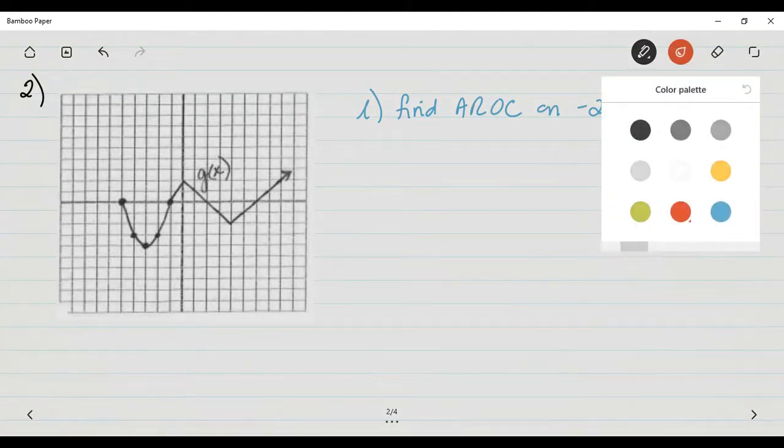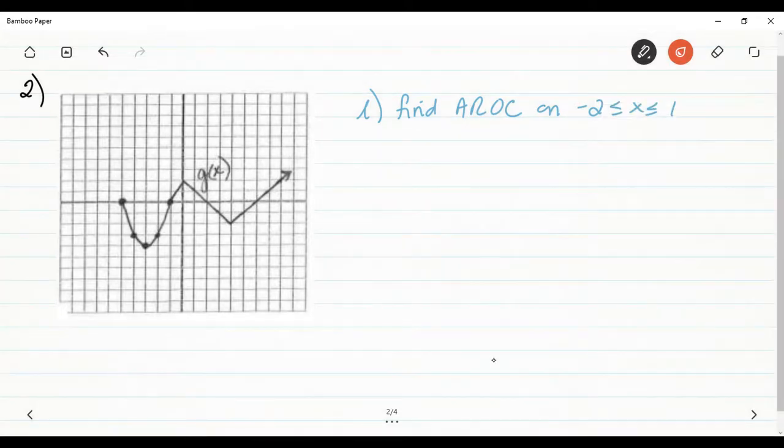So for our average rate of change, we are looking for a slope, but we need our 2 particular points. The first thing we're going to look at is, when x is -2, go to our picture, what is y? And it is here at -3. On the other endpoint of our interval, at 1, we find that this point here is equal to 1.